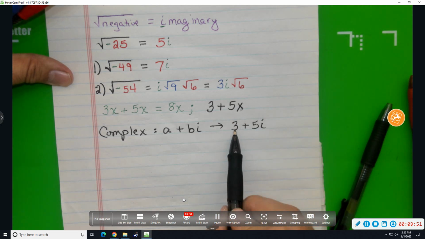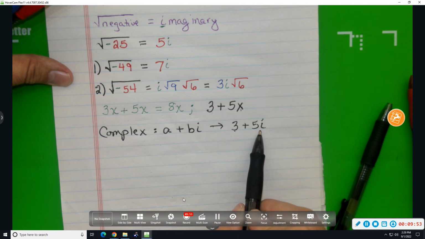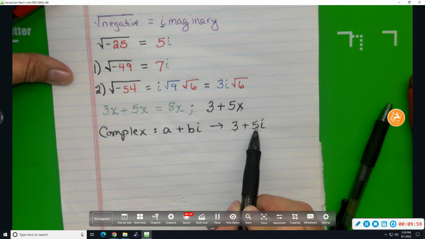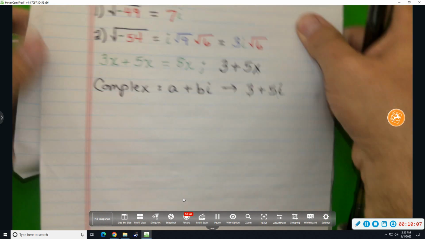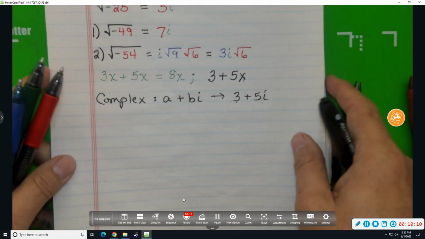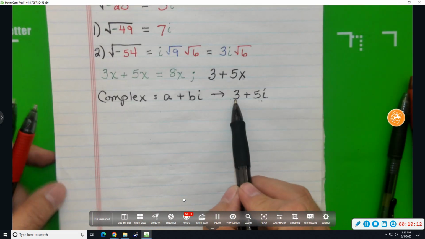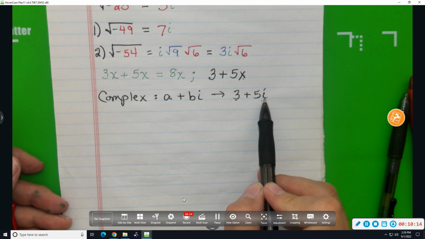If you have a real number and an imaginary number, can you add those together? No. They're not like terms. Treat the I as if it were just a variable x. Here you can't add the 3 and the 5. So what is a complex number? That's the name of this assignment, complex numbers. Well, a complex number is a real number together with an imaginary number.